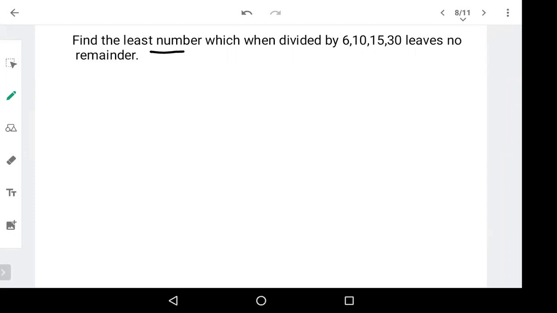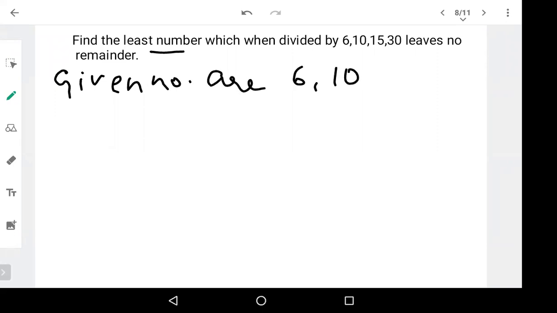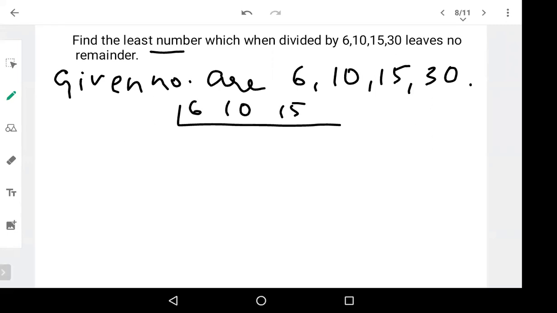No remainder means no need to subtract or add anything. So firstly what you're supposed to do is write down the given numbers: 6, 10, 15 and 30. Now the next step, you are supposed to find the LCM of 6, 10, 15 and 30.